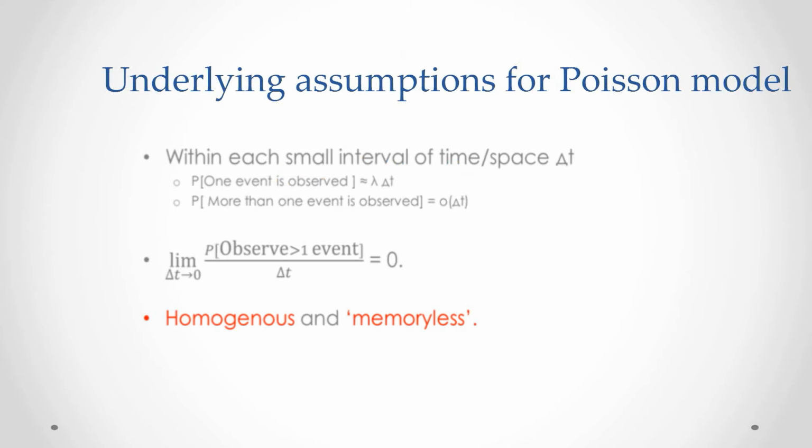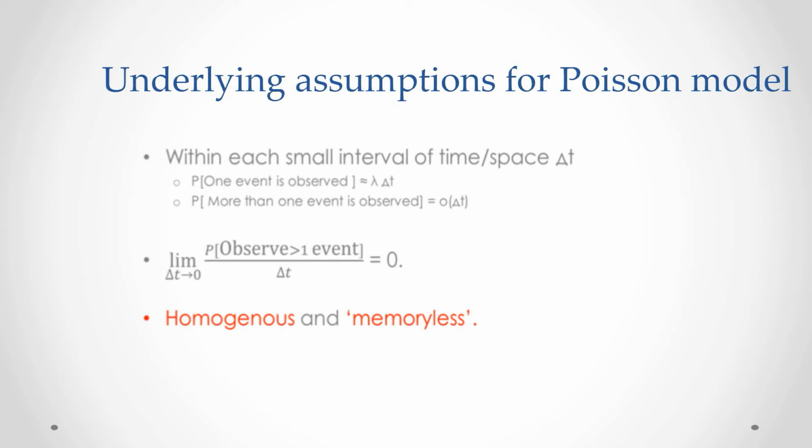Let us look at the underlying assumptions which have led to the Poisson model. The first assumption states that within each small interval, which may be of time or of space, of length delta t, we have these two assumptions. Firstly, that the probability that exactly one event is observed is approximately proportional to the length of the interval.